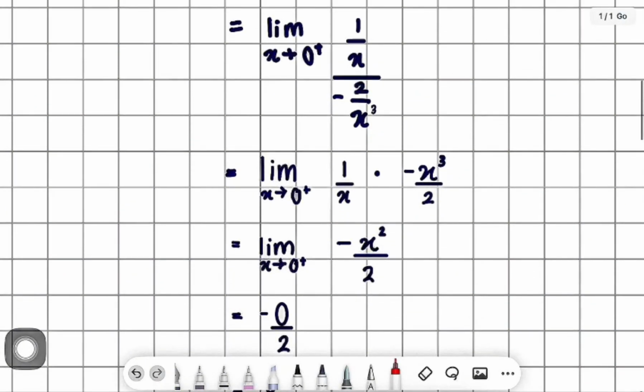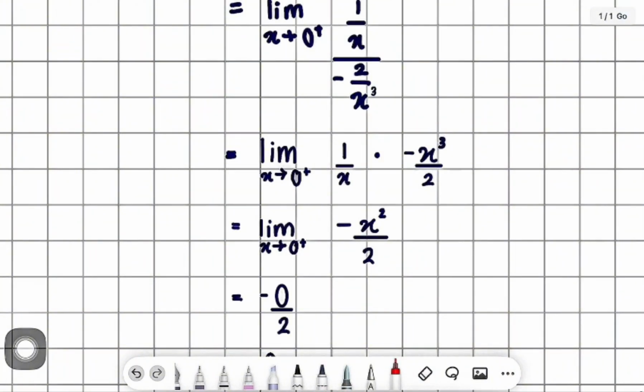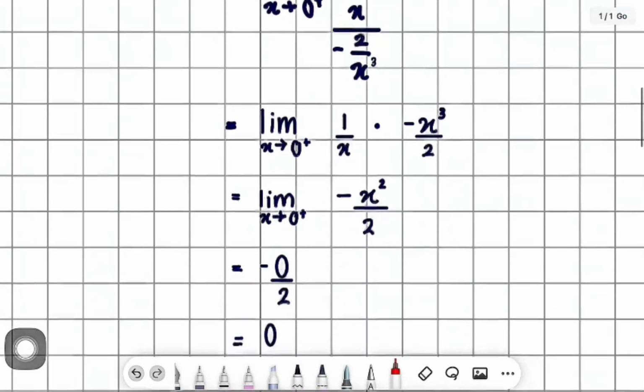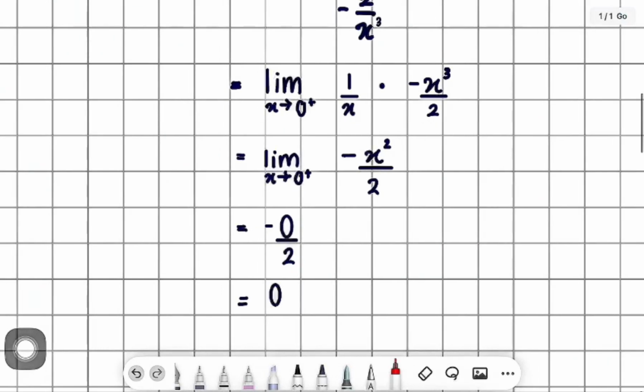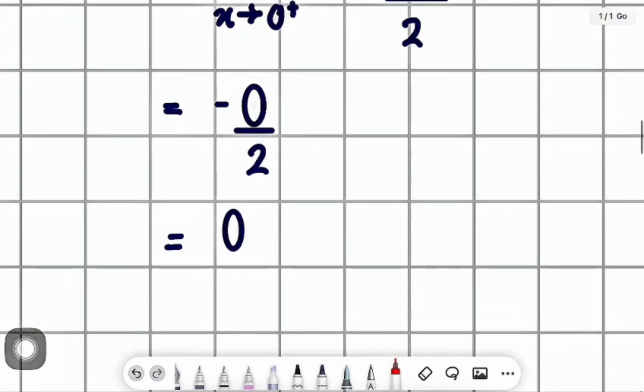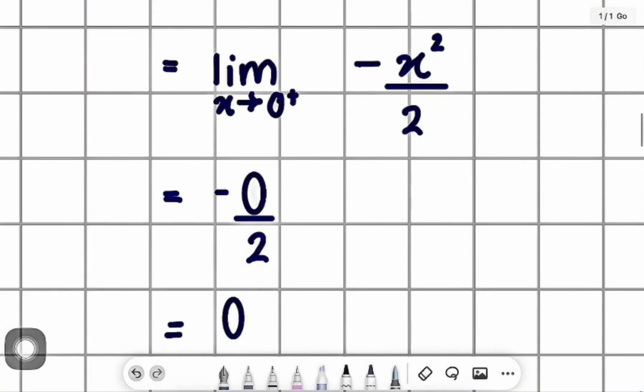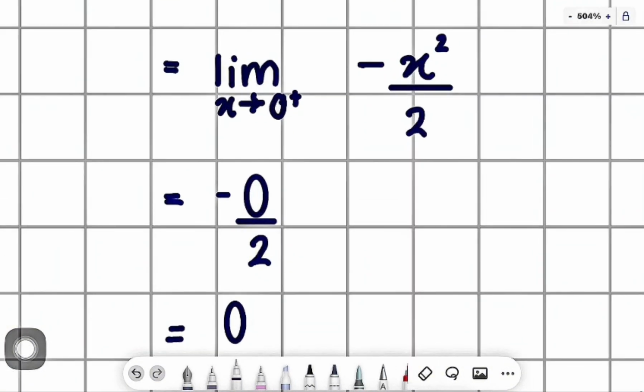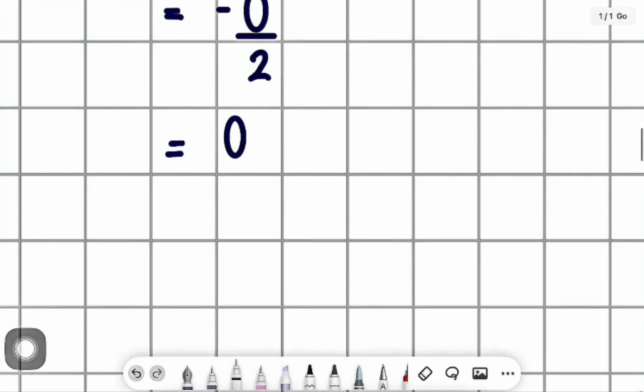After I multiply, it will be negative x to the power of 2 divided by 2. Then when I change x to 0, it becomes 0 to the power of 2 divided by 2, and the answer is 0.